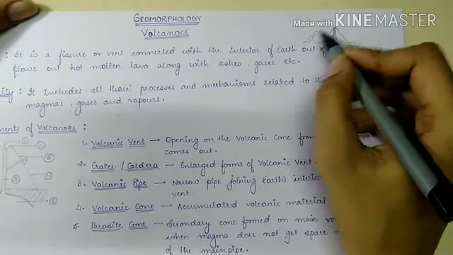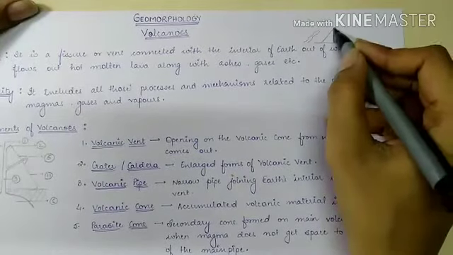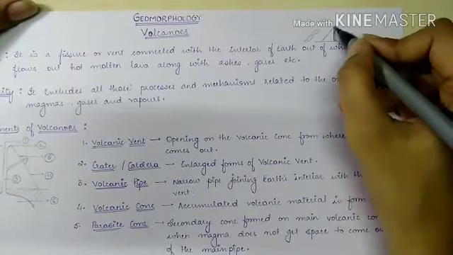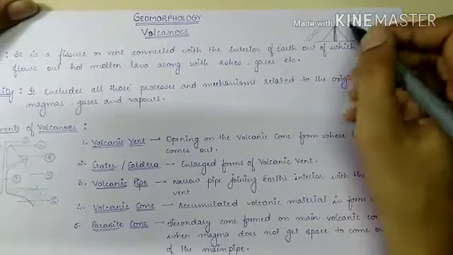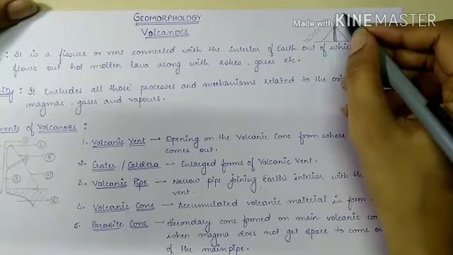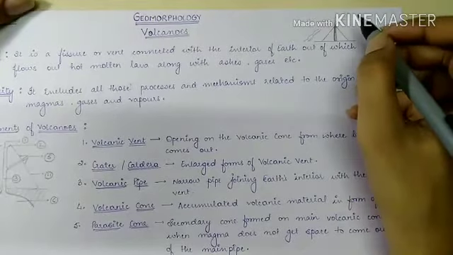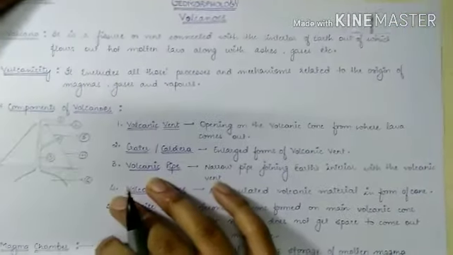So this is connected with the interior of Earth, and from this pipe, hot lava, molten lava, gases, ashes, water vapors, pyroclastic material, etc. come out. So this is what exactly a volcano is.